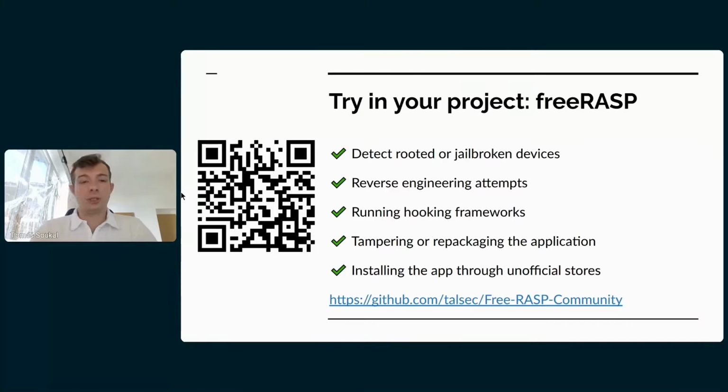So whenever you need to check from within your application whether the device is rooted or jailbroken, or to monitor reverse engineering attempts and detect those hooking frameworks and other stuff. And also if you need to ensure that the application wasn't repackaged or that it wasn't, for example, installed through some shady third-party app store or distributed through some Google Drive, whatever, you may check this library.